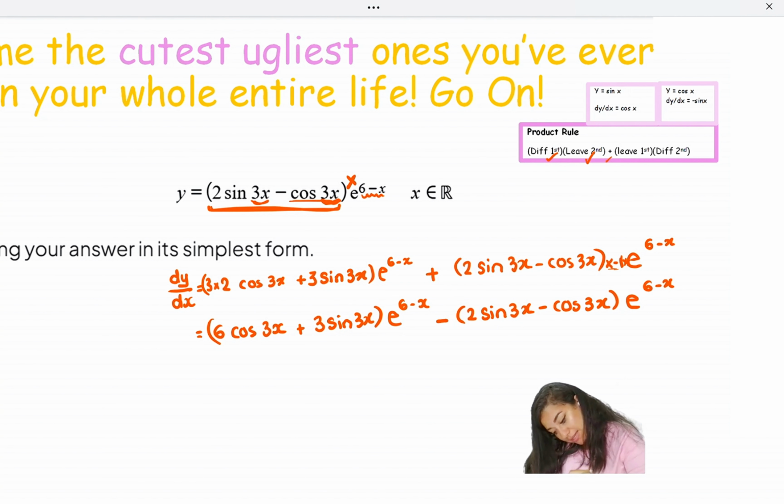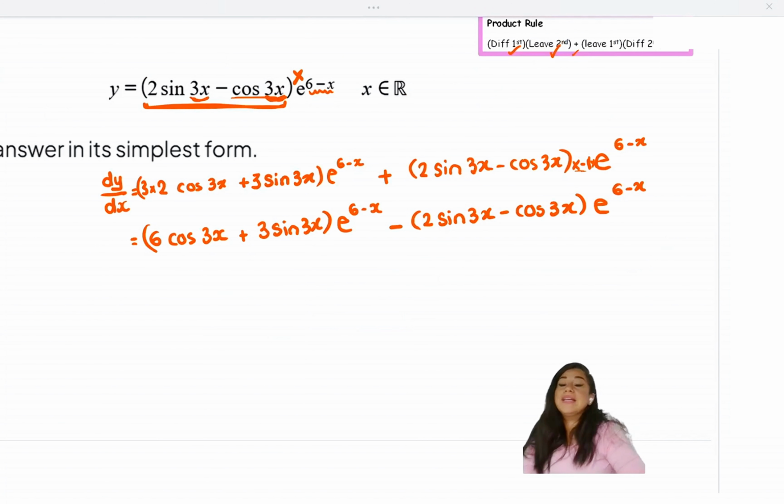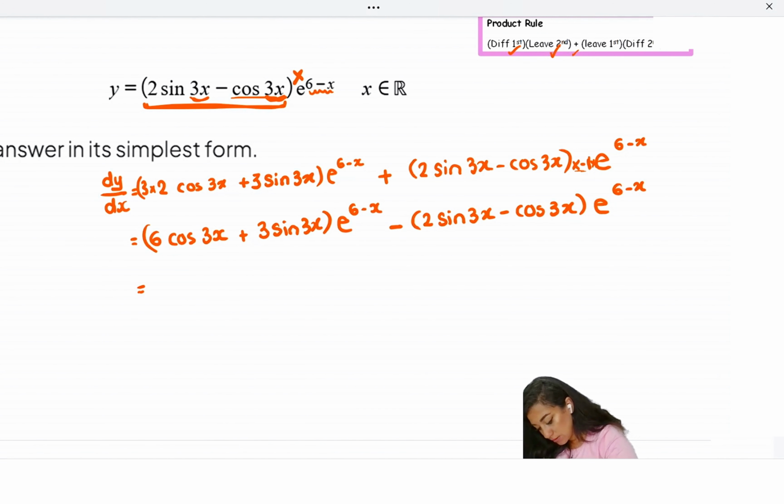If I have a look over here, is there anything common between them? Better be right after all of this. It says to the simplest form. So let's see what we've got in common. We've got e to the power of 6 minus x in common for sure. So equals e to the power of 6 minus x, open up our brackets, and we're left with literally everything next to it.